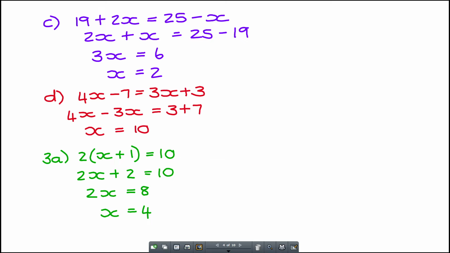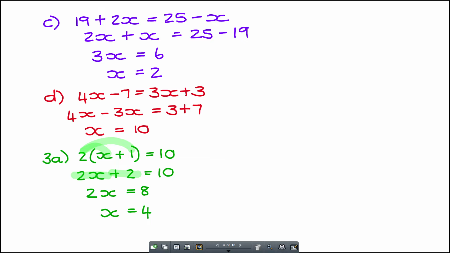A. Okay, so what I had to do here is, before I could take unknowns left, normal numbers right, I had to get rid of the brackets because they said simplify by using BODMAS. So that 2 must be multiplied in. So 2 times x gave me the 2x. Then 2 times 1 gave me 2.